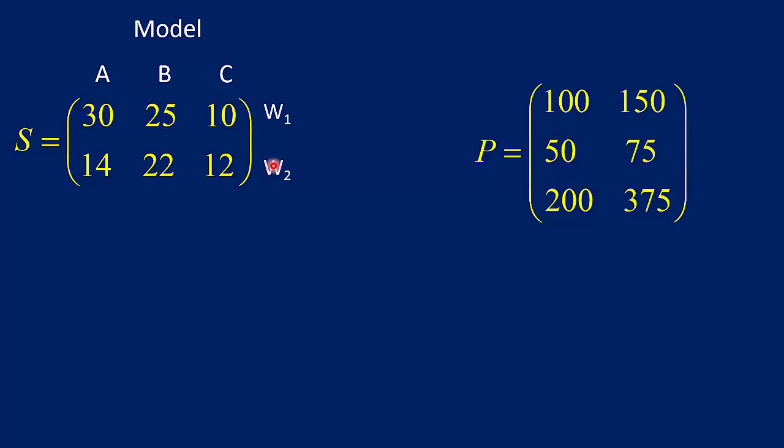Now, let's suppose that you have a price matrix where you have a wholesale price, which is column 1, and a retail price, which is column 2, and these prices have to do with models A, B, and C. So for example, for Model A, the wholesale price per unit is $100. The retail price for Model A is $150. So you can see you've got Model A over here, wholesale retail here.